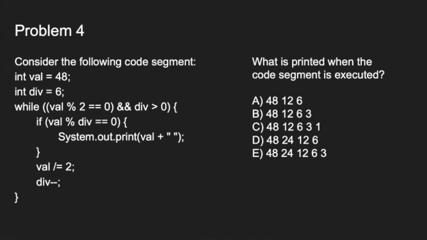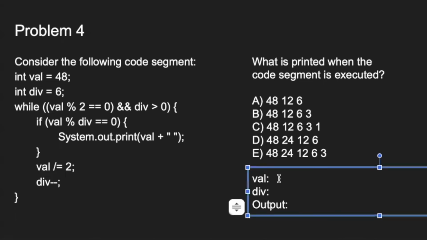Problem number 4. So what is printed when this code segment is executed? Alright, so let's just walk through this code step by step. So first we start with val is 48, and then div is 6. Alright, and then we have while.